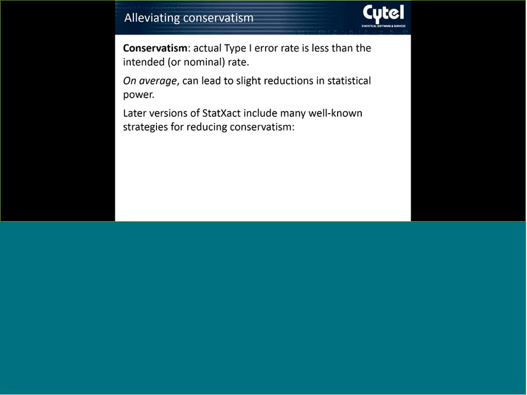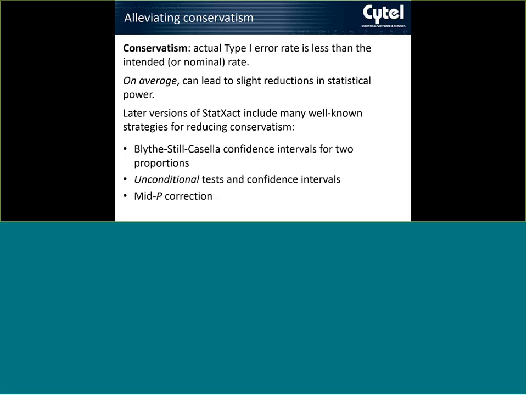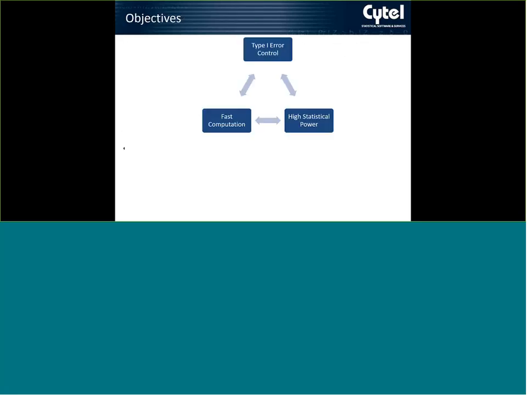In other words, the actual type 1 error rate is closer to the one that you set in advance. These are just some examples, and I don't want to spend any time on these, but they represent a subset of additional methods over the years that have been included within the StatXact toolkit that help to alleviate that conservatism.